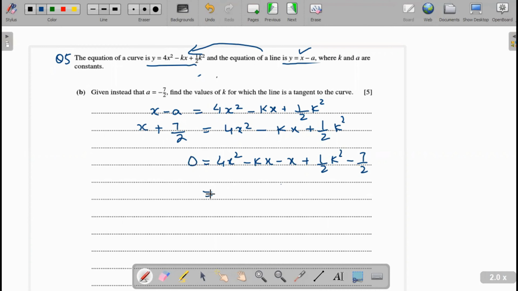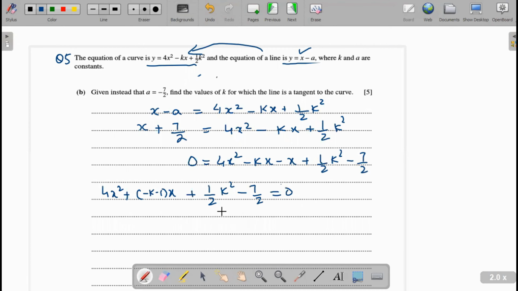The equation becomes 4x square plus (minus k minus 1)x plus 1 over 2 k square minus 7 over 2 equal to 0. Here the line touches the curve.